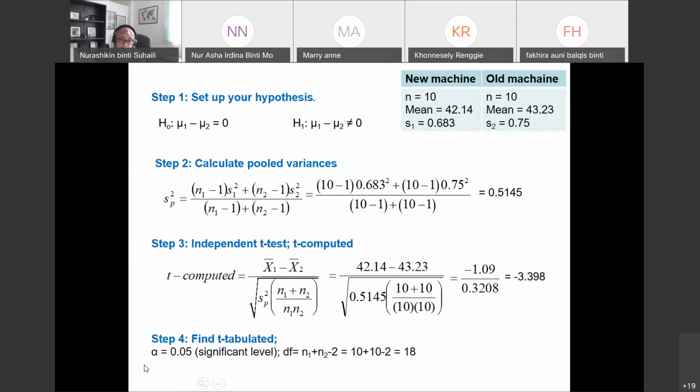Alpha is 0.05, but because the table only gives one side, and we divide by 2, you have to use 0.025. So you get the T from the table, 2.101.